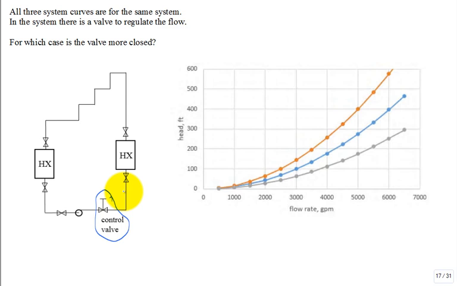So if you start playing by changing this loss coefficient, maybe it started at 0.2, but you start closing it, it goes to 1, or it goes to 2, or it goes to 20. You could start changing that loss coefficient on that valve by partially closing it. What will happen to the system curve? If this was the system curve with it at 0.2, this would be maybe at 1, and maybe this is the loss coefficient at 2.